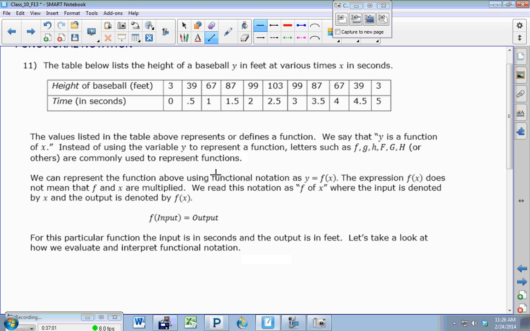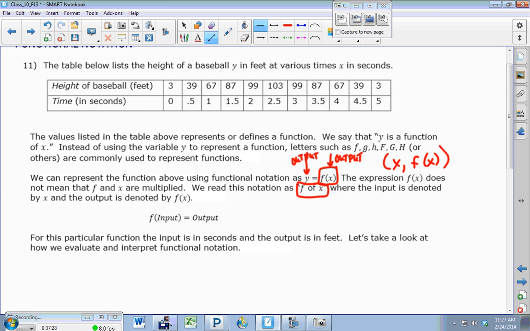So what we do now is we say that y is equal to f of x. That's how you say this, f of x. Y is an output value. So both notations represent the output, or the second component in your ordered pair. Now your ordered pairs are going to look like this: x, comma, f of x.